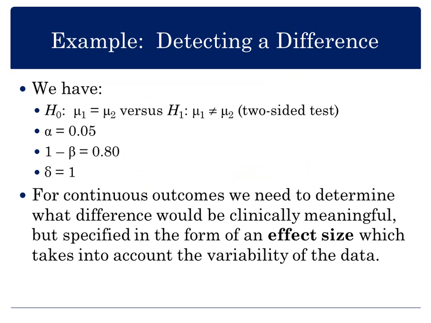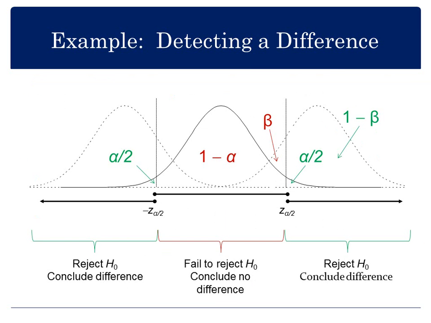Either I'm going to see an increase in HbA1c or I'm going to see a decrease in HbA1c, and I want to detect that. So notice, let's say that this is a zero difference.